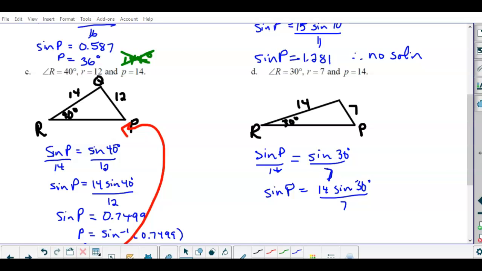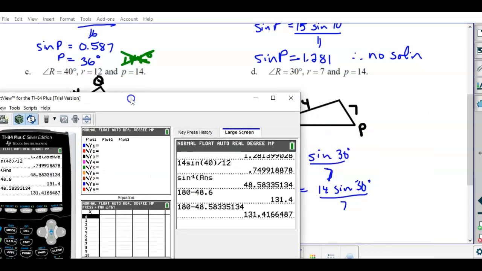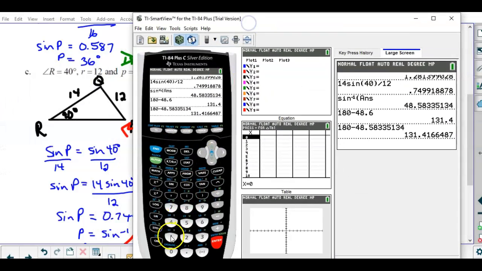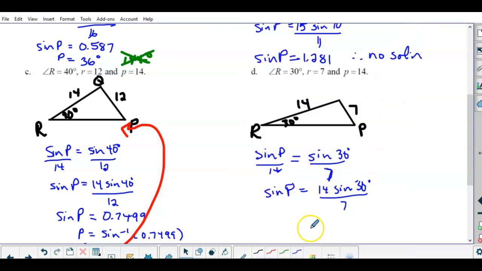And in our calculator, so what was that? That's 14 sine 30 over 7. So 14 sine 30 divided by 7, okay, is 1. So when you get 1, then remember you know it's 90 degrees. So this is equal to 1.